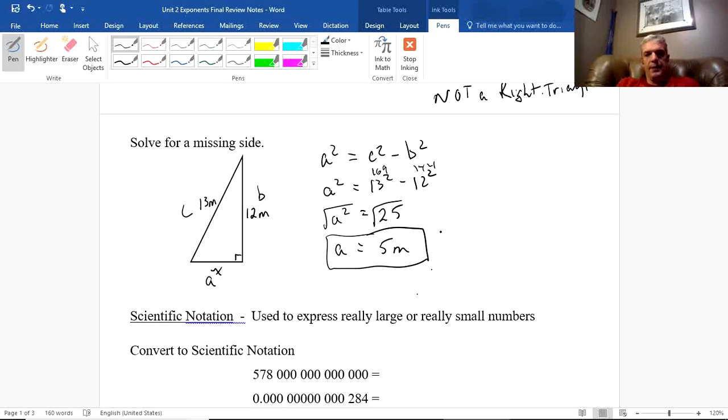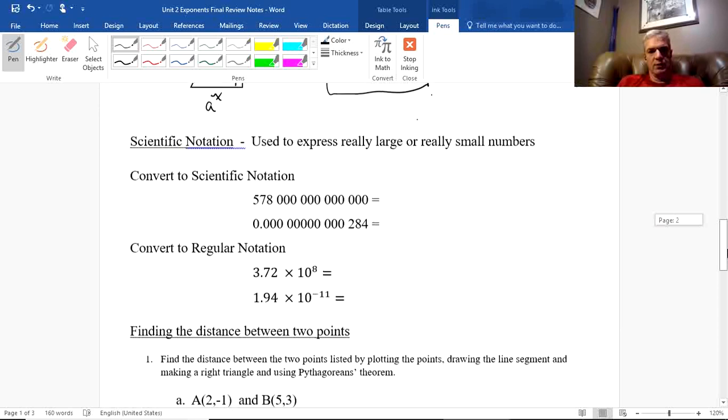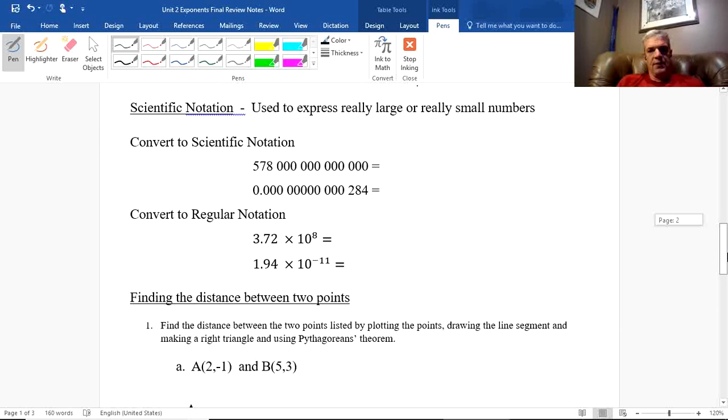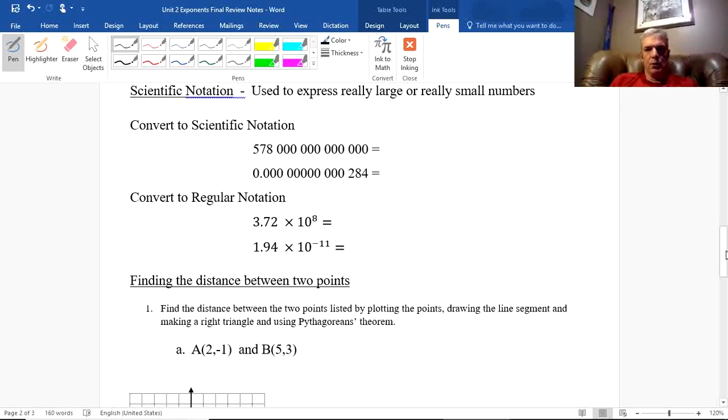All right, and we moved on to something called scientific notation, if you recall. So I'll just scroll down. Scientific notation is just a way to express really big and really small numbers, okay? And we see this mostly in scientific principles. So what we do is we're going to move the decimal place always after the first significant digit.